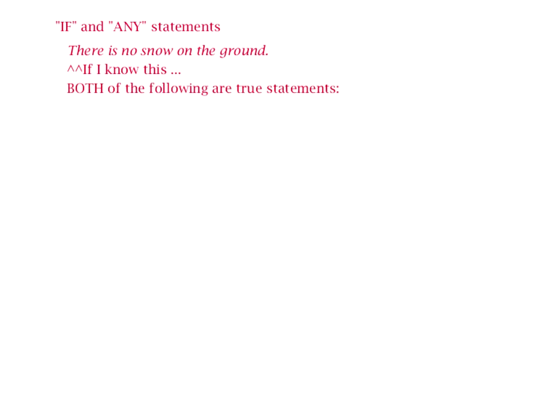So if I tell you that there is no snow on the ground, okay, if I know this, then I'm going to give you two statements that are both true. The first statement is, number one, if snow fell today, then it has evaporated, melted, or been removed.